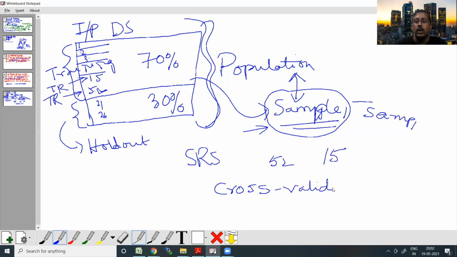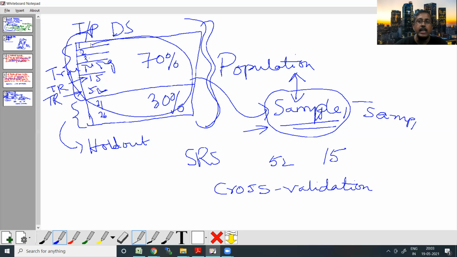Basically, it divides the whole input data into k folds or k groups, and which units belong to each of these k groups is completely random. It is done using the concept of sampling theory.